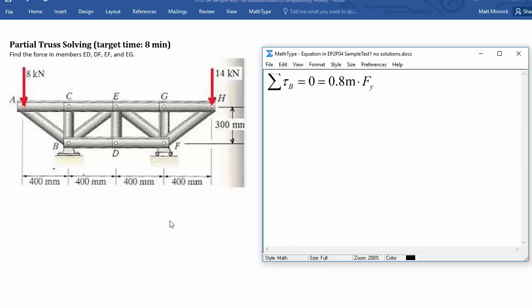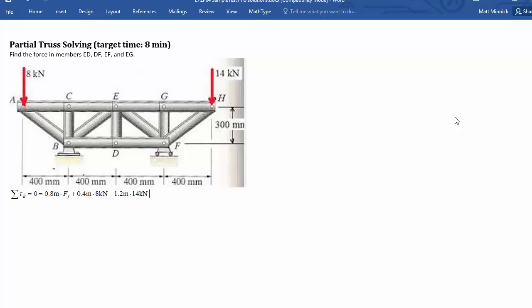And rotating this way about B would be from this force, so that would be 8 kilonewtons times 0.4 meters. And then we're going to have a torque going in the opposite direction, 3 times 0.4, so minus 1.2 meters times 14 kilonewtons. And that's an equation we can use to solve for Fy, the reaction force in the y direction at this support.